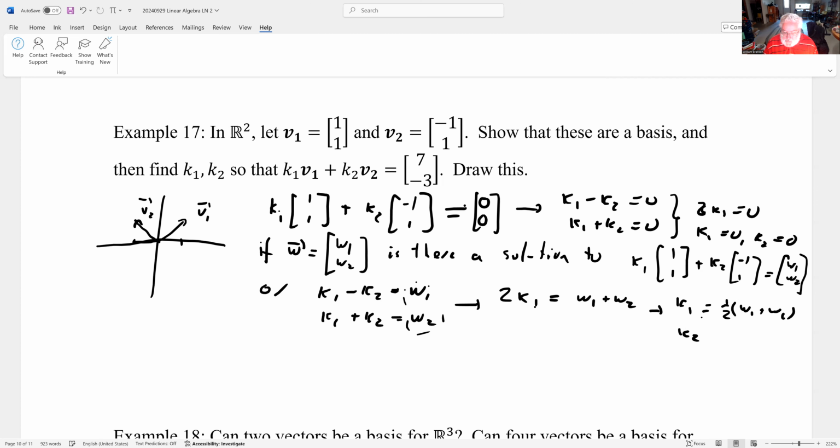And then K2 is 1/2 (W2 minus W1). So no matter what W1 and W2 are, you get a K1 and K2. So any vector is, in fact, in the span. So take (7, -3).